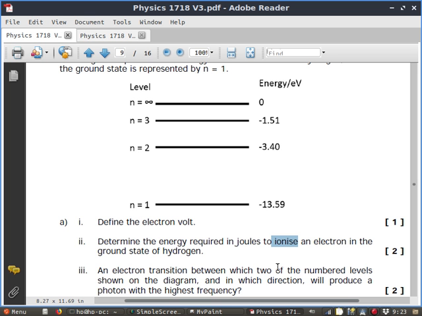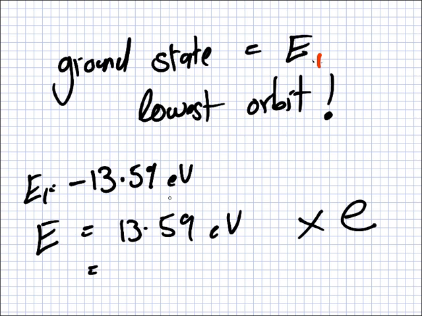What does hydrogen mean? They're saying that this picture is for hydrogen. Hydrogen atom, H. You learn orbits in chemistry, right? What's the first orbit for hydrogen? Like S and P. 1s.